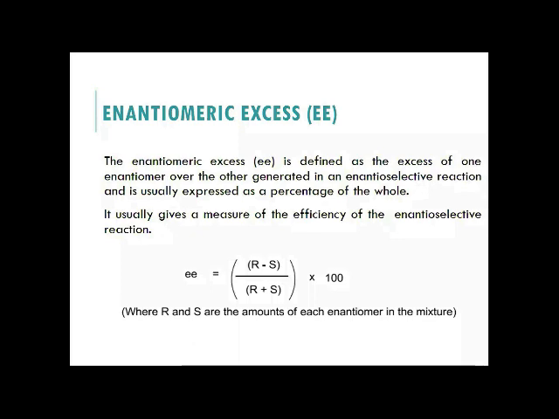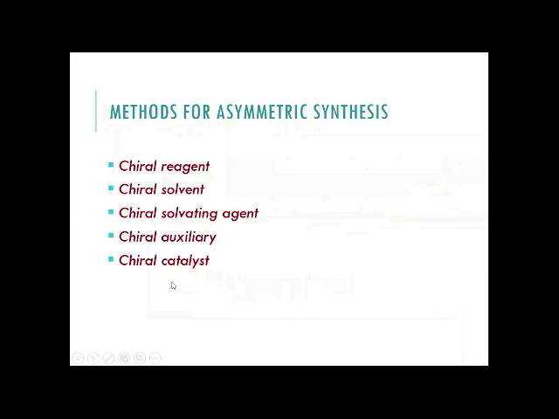This is called enantiomeric excess. And how can we measure the enantiomeric excess of any reaction? It is the percentage of R minus S divided by the percentage of R plus S, times 100. This way we can get the enantiomeric excess.